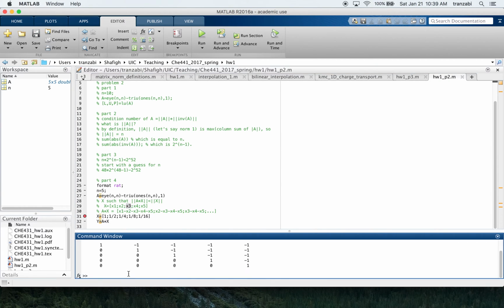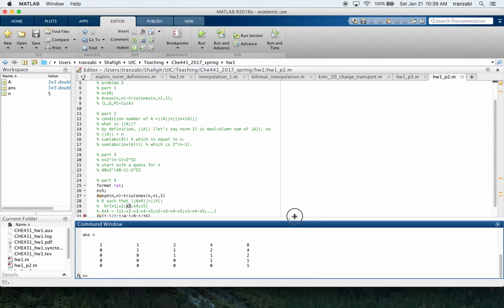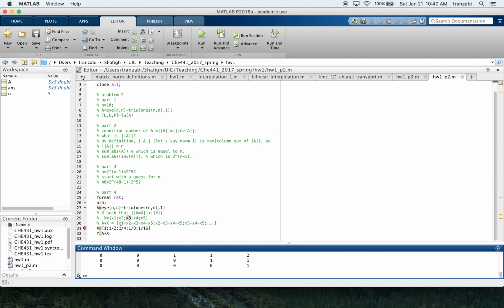So let me do A inverse. Basically, the vector I'm looking at is the reciprocal of the last column. So that would look something like this.